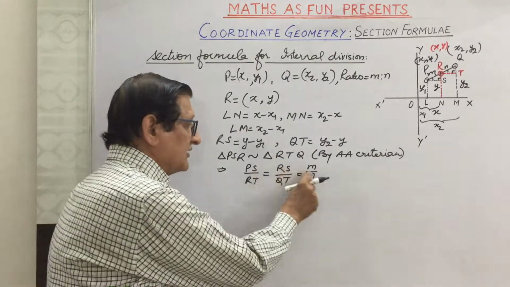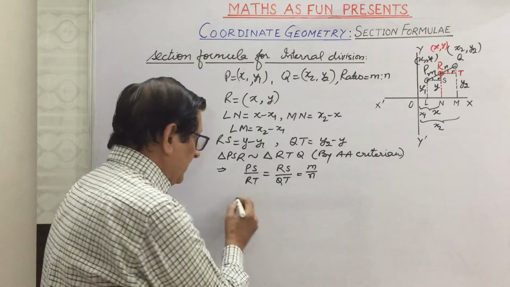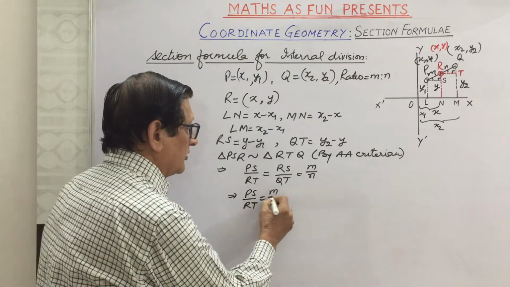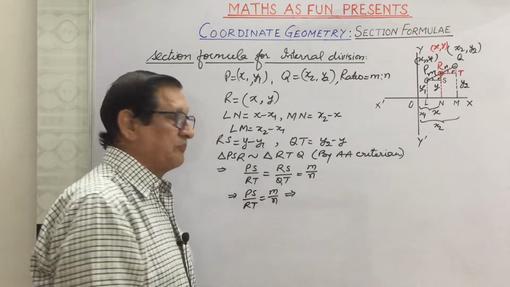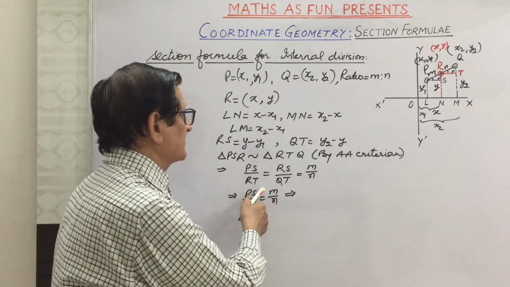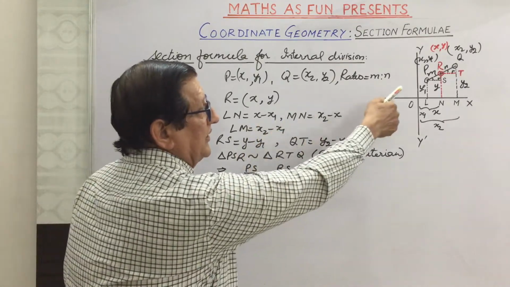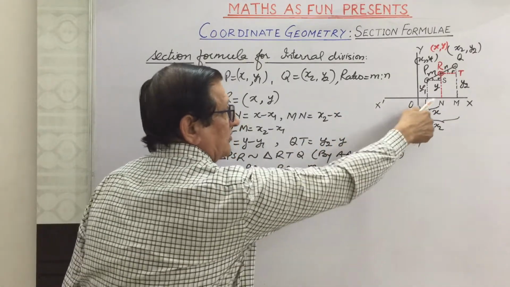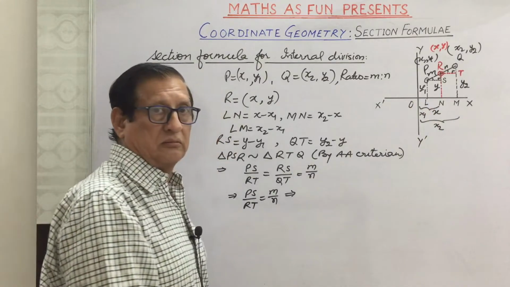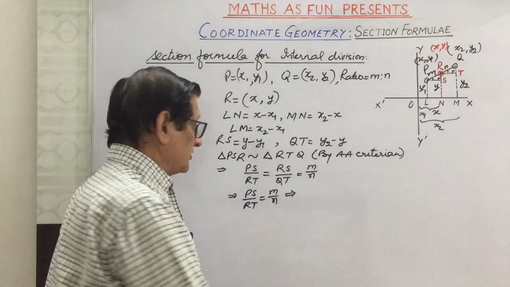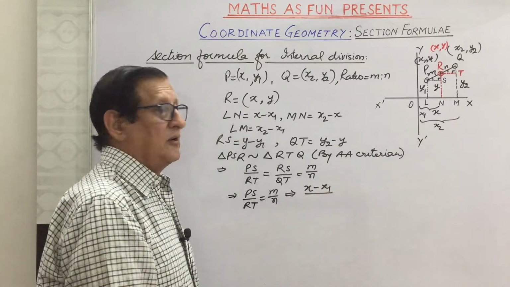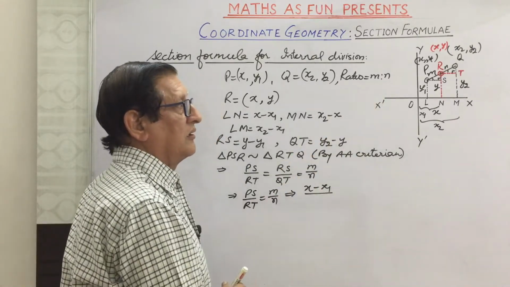If we take the first and the third part, we are getting PS upon RT is equal to m upon n, which implies that PS, what is PS? That is x minus x1, because that is equal to LN. So that is equal to x minus x1. What about RT?